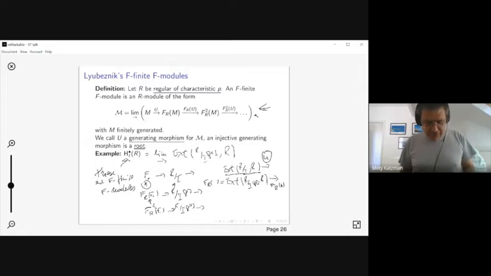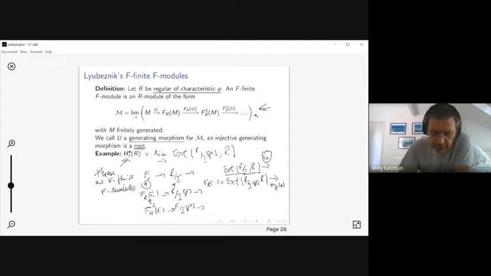So I just convinced you that local cohomology modules of a regular ring of characteristic p supported at I are finite F-modules. And this is very good because now the great contribution of Lyubeznik, other than defining these things, was to prove some interesting theorems about finite F-modules.